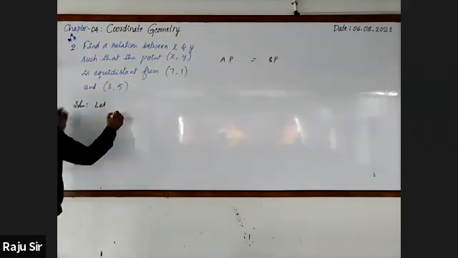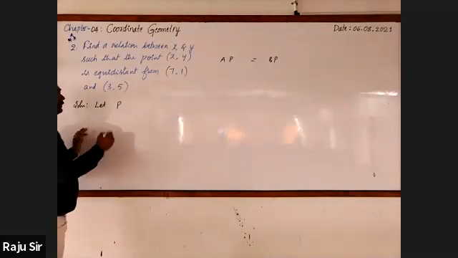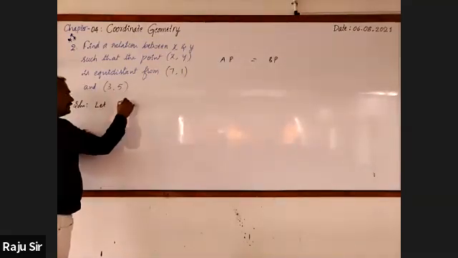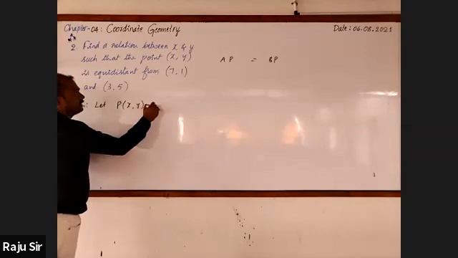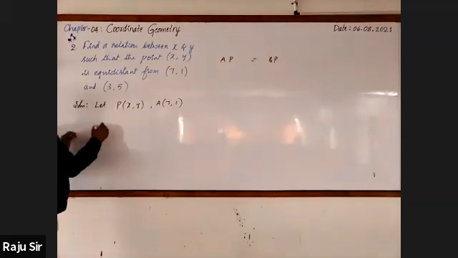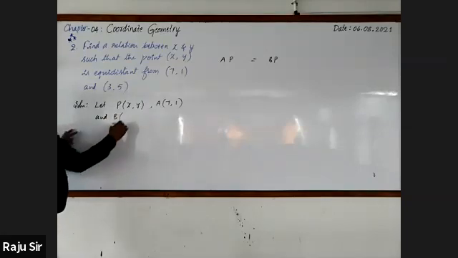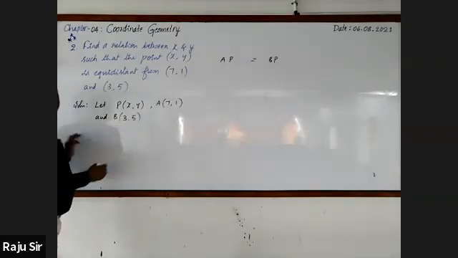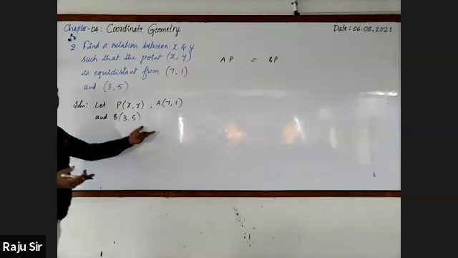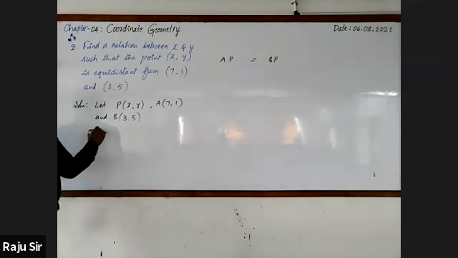Let x comma y be P. So I write P of x comma y, then A of 7 comma 1 and B of 3 comma 5. For your reference, you may draw that figure.